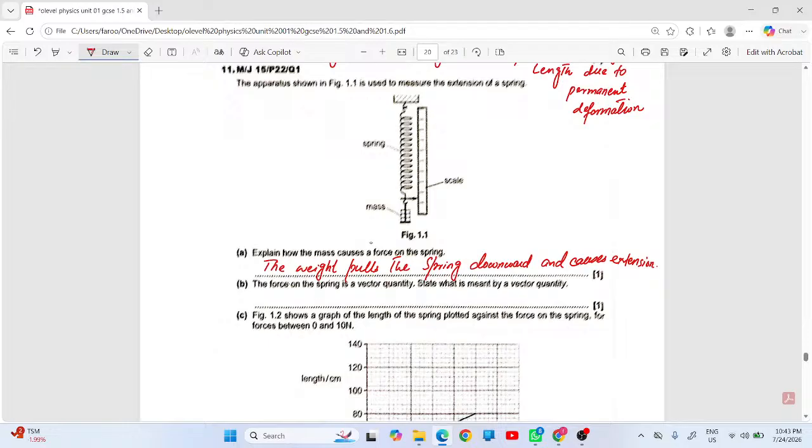Next is the force on the... So vector, a quantity that has direction. Vector quantity. So और कोई quantities होते हैं besides scalar and vector?